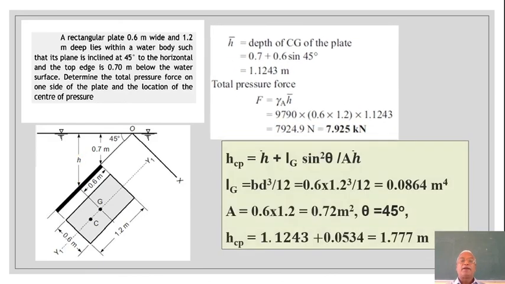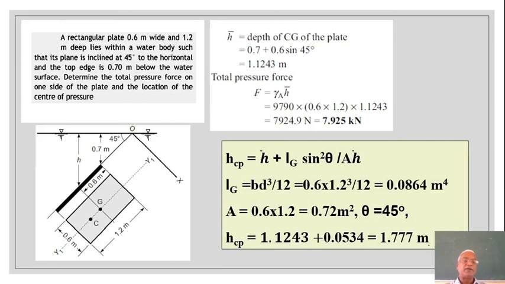Okay. Now here h CP calculation means this point where the center of pressure is. So this particular point, corresponding point over here, we'll call it center of pressure, CP. Now the depth from here to there, that is vertical distance from here to here, will be represented as h CP. h CP is given by the formula h bar plus Ig sin squared theta divided by A h bar.